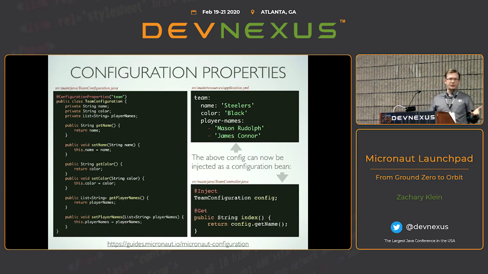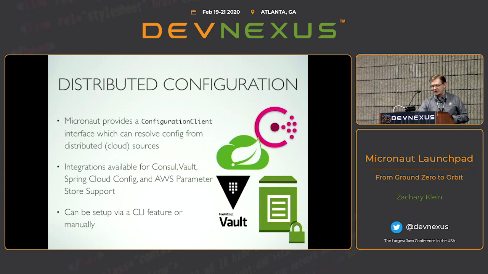So a Pojo, for example, that maps to that configuration file. You annotate this class with configuration properties, and now this configuration properties becomes a bean in your context. And so now I can inject this bean. Now I have an instance of a class that has my configuration properties rather than having to map to individual keys from a file. So that's another way of accessing configuration.